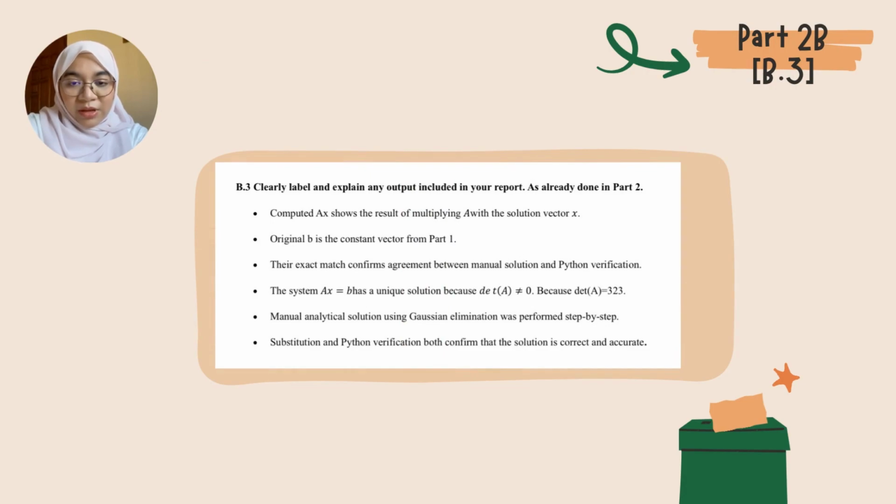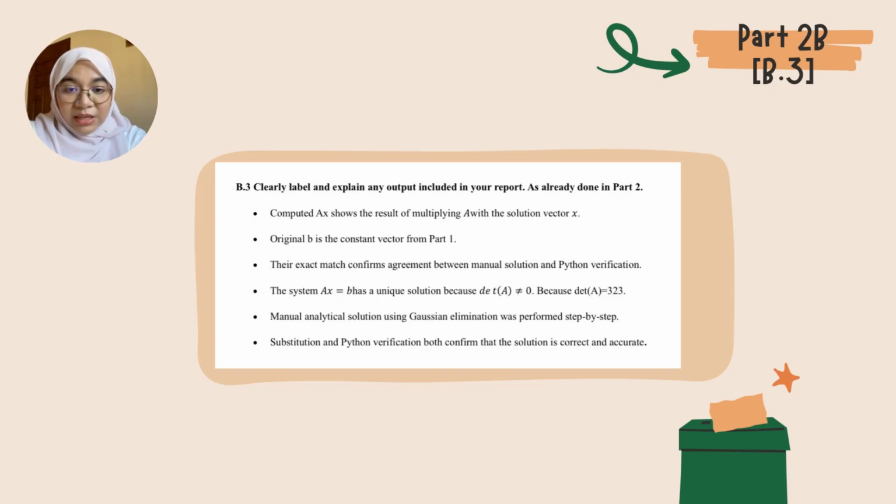In this part, I will clearly explain the output included in my report, as already demonstrated in part 2. First, the output labeled compute AX represents the result obtained by multiplying the coefficient matrix A with the solution vector X using Python. This calculation verifies whether the solution satisfies the equation AX equals B. Next, the output labeled original B refers to the constant vector given in part 1 of the question.